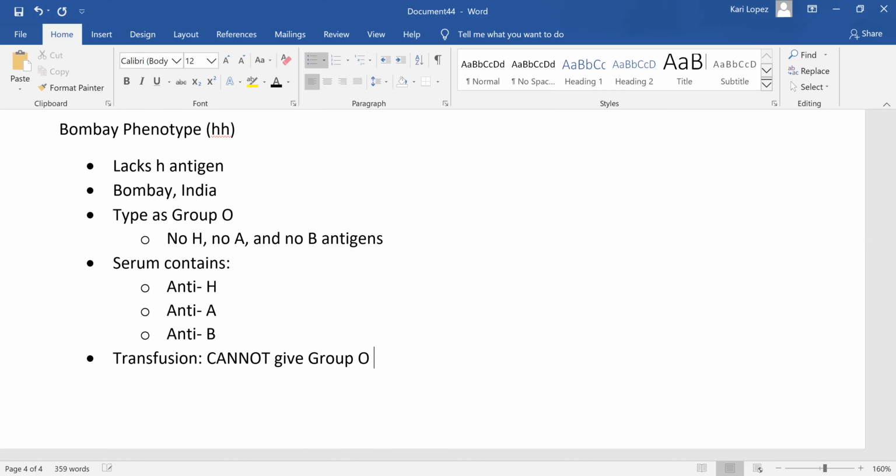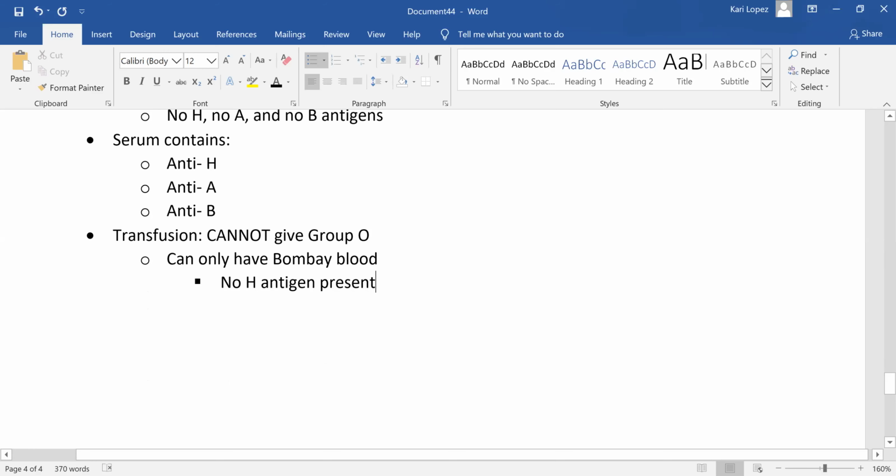Exactly. You cannot give group O cells to a Bombay phenotype. They can only have Bombay blood with no H antigen present.